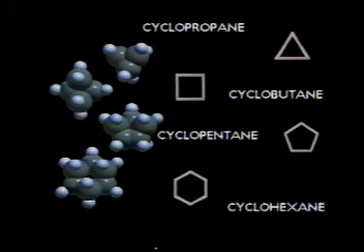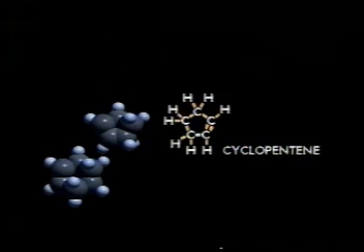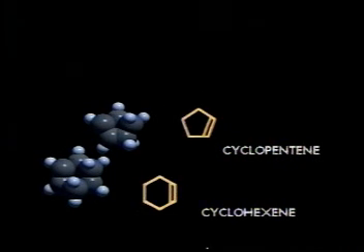They are often represented by their geometric structures. For the alkenes, cyclopropene and cyclobutene do not exist. There is, however, cyclopentene, cyclohexene, and so on. They are also shown with their simplified forms.